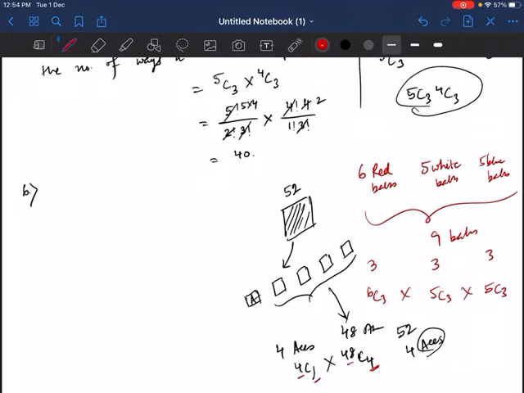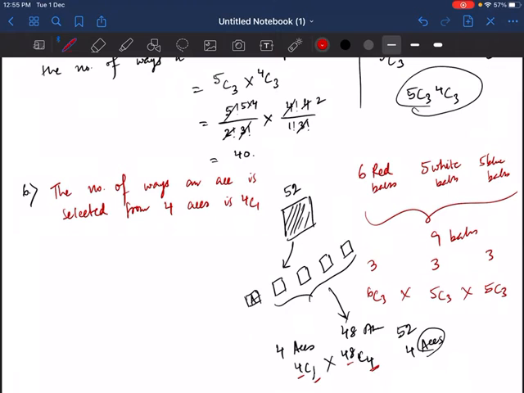Okay, so let me write this down. The number of ways an ace is selected from 4 aces is 4C1. So the number of ways we can select one ace from 4 aces is 4C1, right?